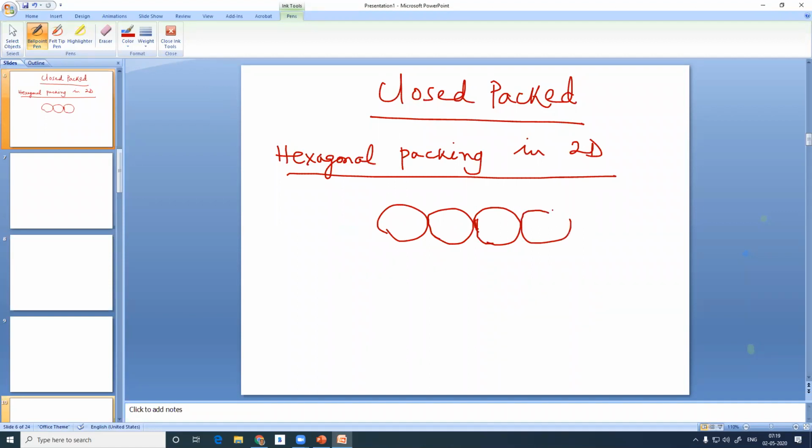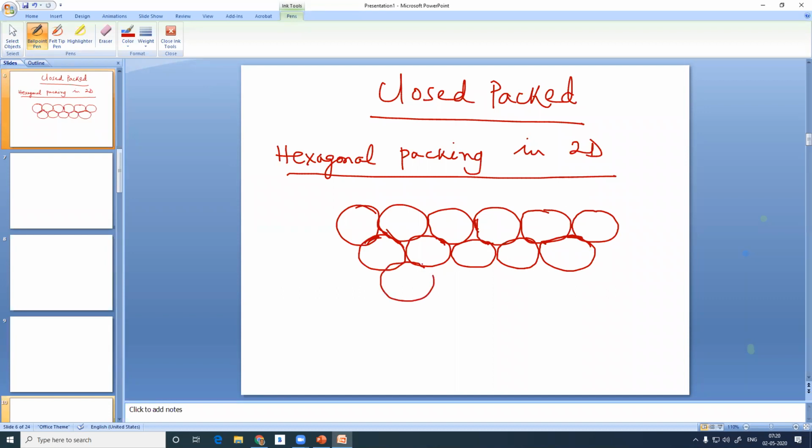But now the packing will be done by using the cavities, the grooves, the depressions. Now I'll be using this. Oof, it's not looking like a sphere, it's looking like a potato. I'm so sorry, my drawings are very unimpressive.